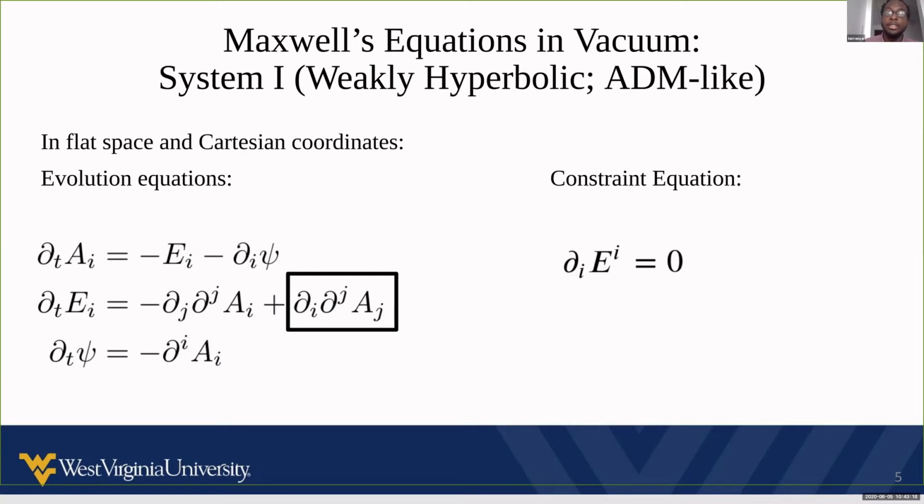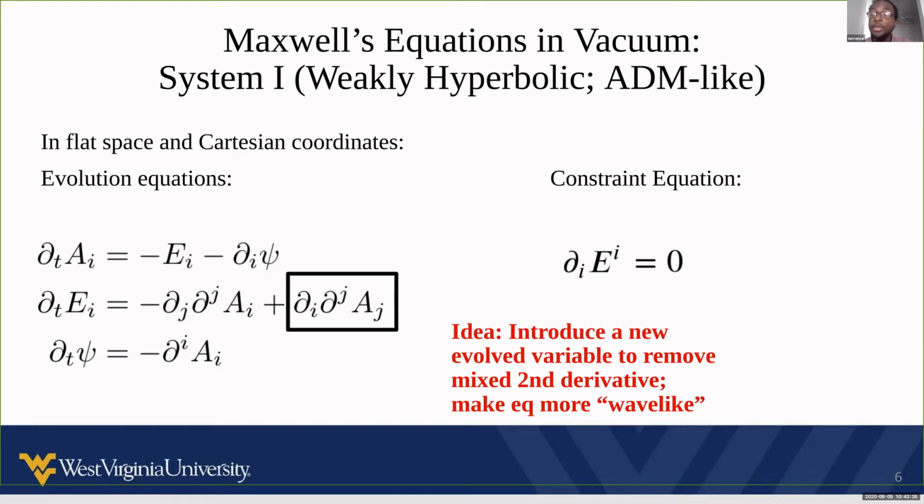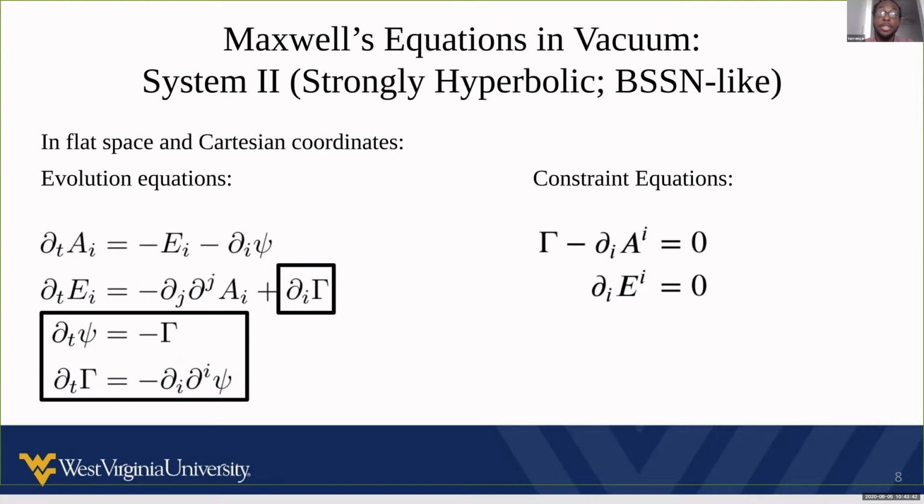So to deal with that kind of error, we'd like to introduce a new evolution variable that can make the equations more wave-like. So we call this variable gamma, and we define gamma as the divergence of the vector potential, and that leads us to system 2, which turns out to be strongly hyperbolic or BSSN-like.